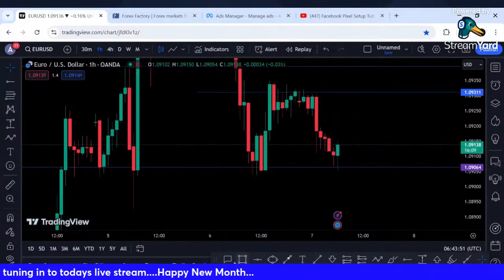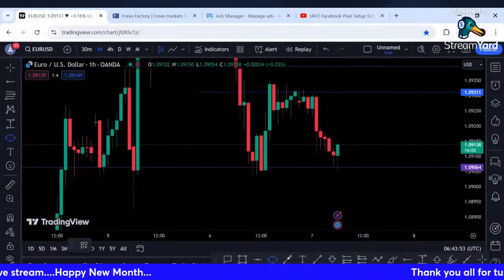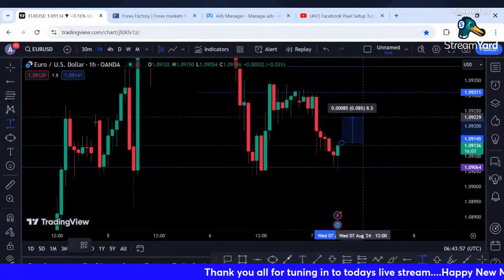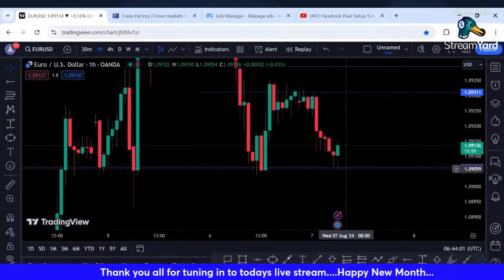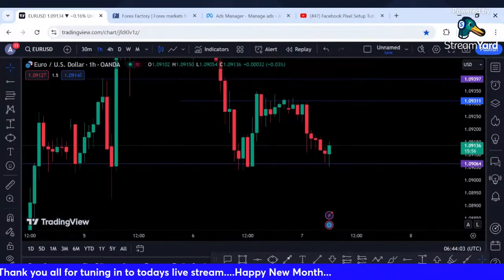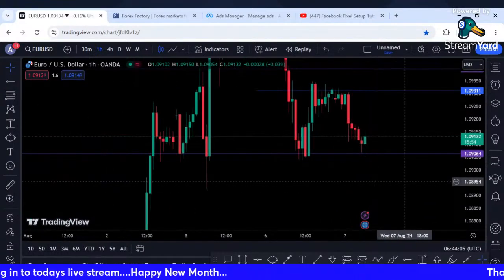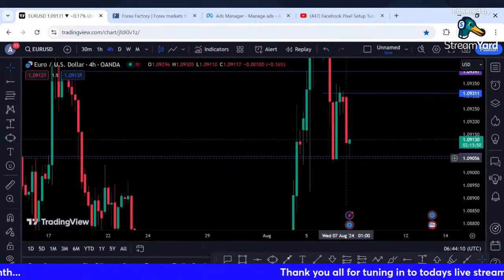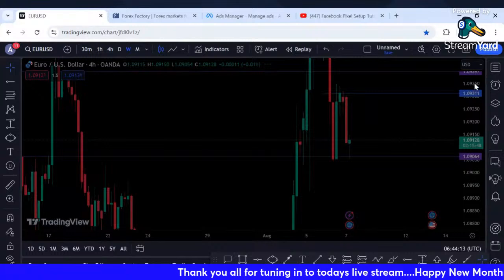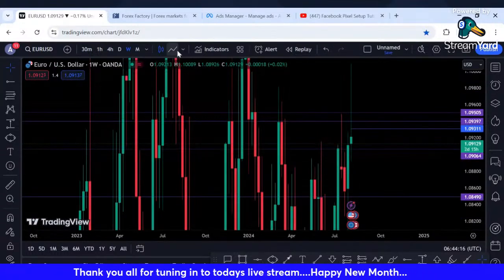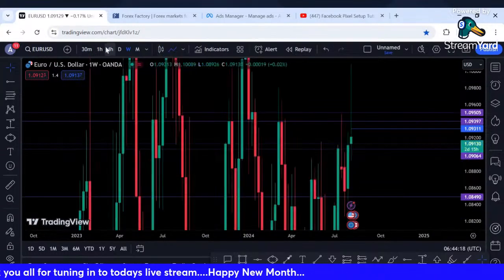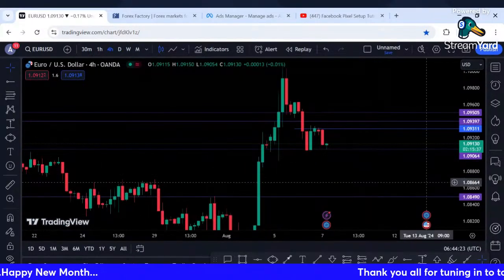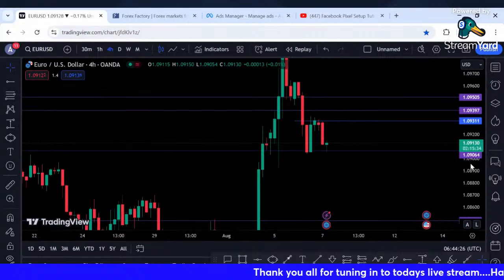Even though this is what is convincing me that it is going to buy, I'm not convinced by the way the structure is moving. It can buy, but I will not take such a trade when I'm not convinced. One thing convincing me is this key area, the weekly resistance over there. But I'm not certain on the bias.